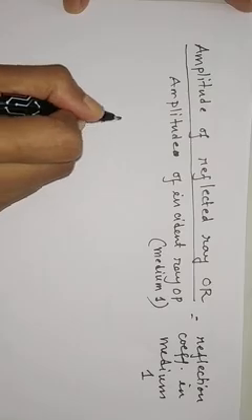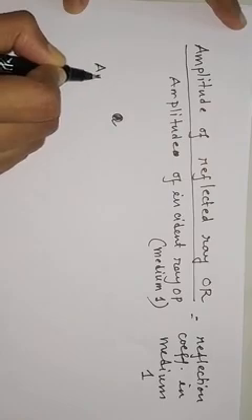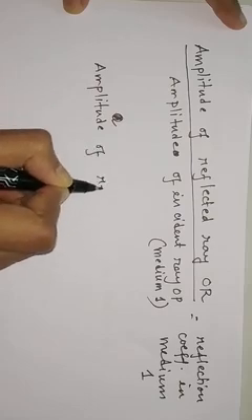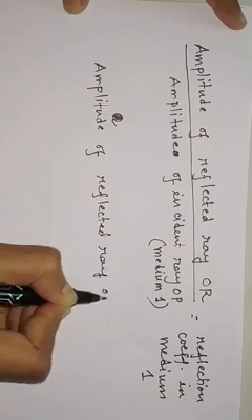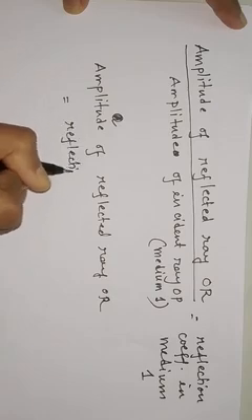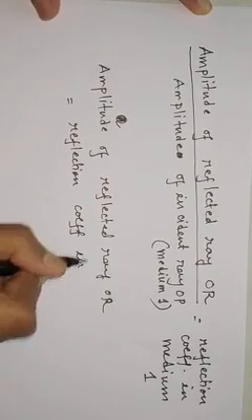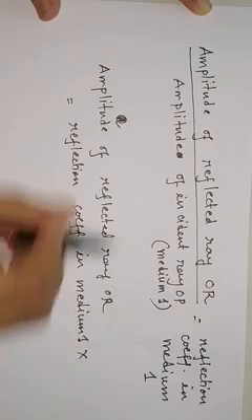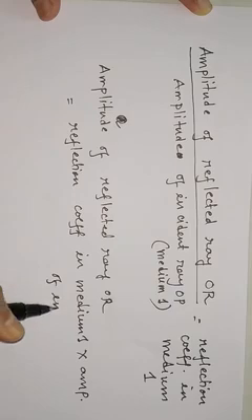Therefore, the amplitude of the reflected ray OR is equal to this reflection coefficient in medium 1, r, multiplied by the amplitude of the incident ray.